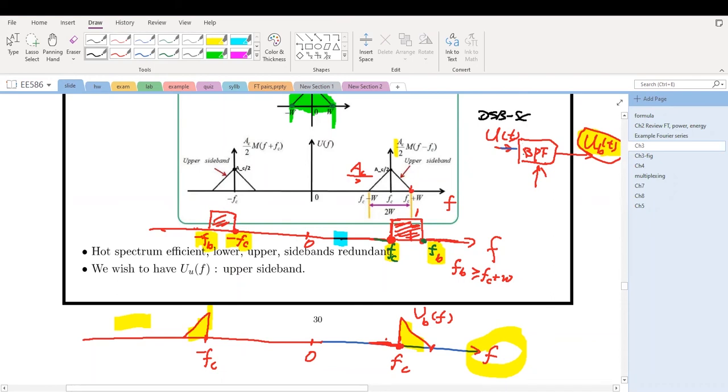So if I pass this DSB-SC modulated signal through this bandpass filter, I assume the output is u_b(t). So what is the frequency domain? We know that in the frequency domain, the spectra are multiplied together.